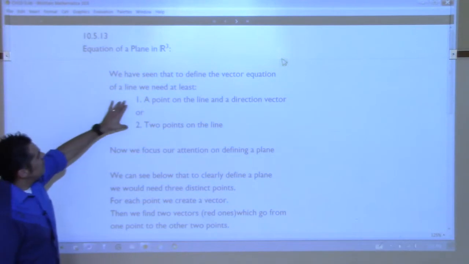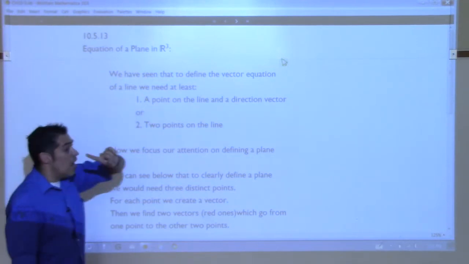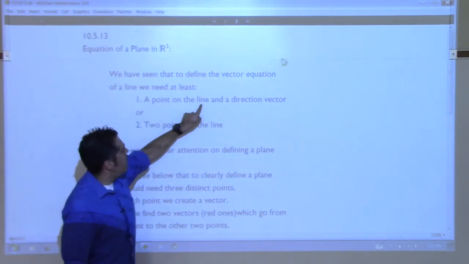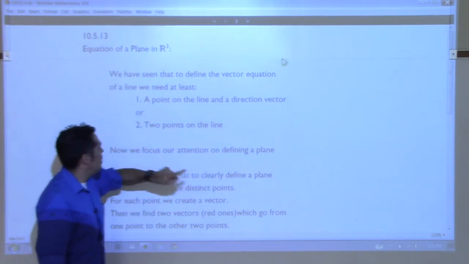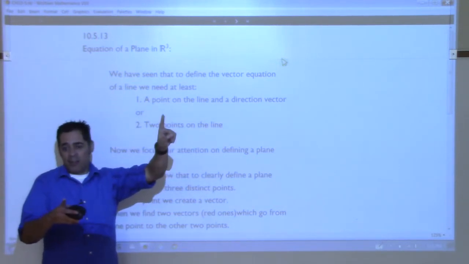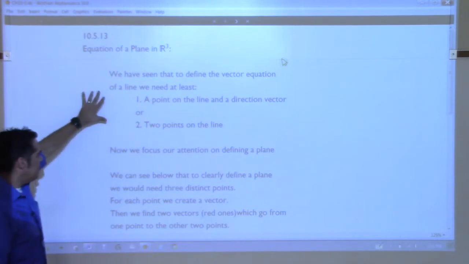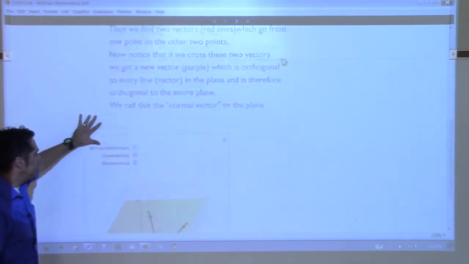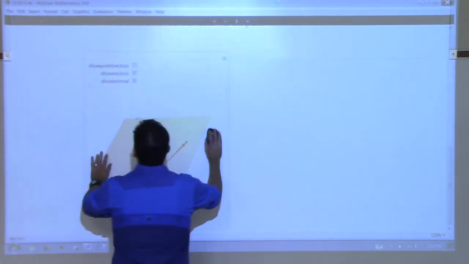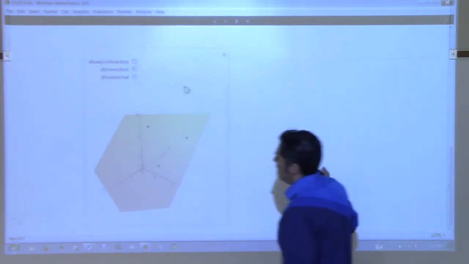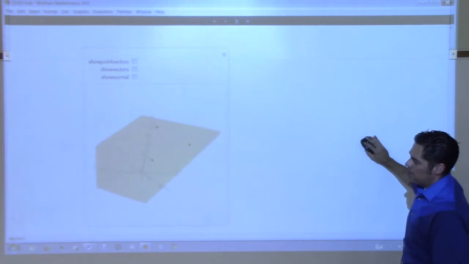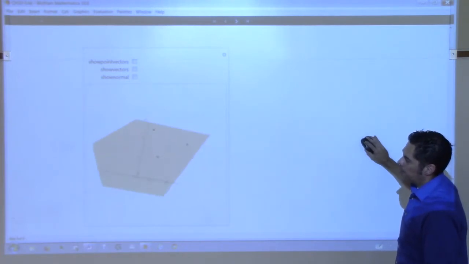To do a line, we needed a point on the line and a direction vector, right? Or someone could give me 2 points and then I could create it myself. So that's what we needed for lines. But for planes, we need to have 3 points on a plane to be able to define it, right?